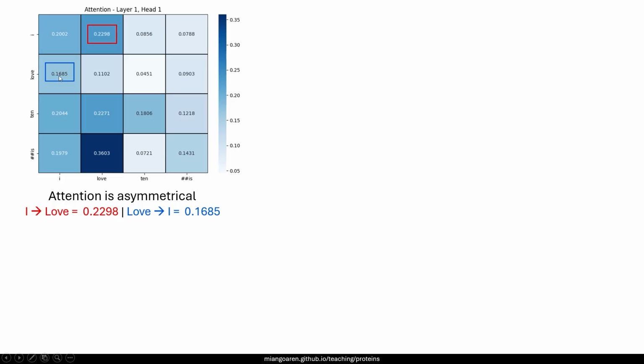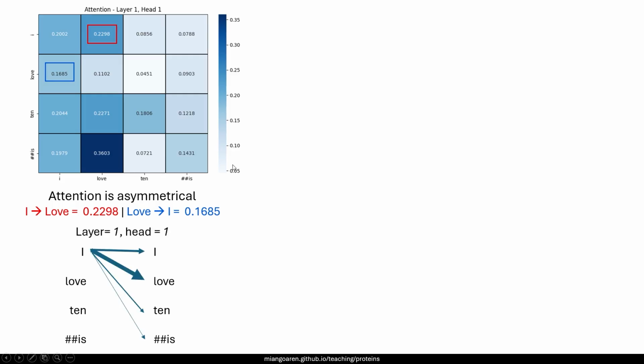in this case it is 0.16, but when we go from the word I to the word love, the attention is 0.29. And this is due precisely to the training process, where in one sentence we can find love in multiple contexts, as well as I in multiple contexts. And this asymmetrical attention is due precisely to this procedure, where each of these words actually has the contextual information.